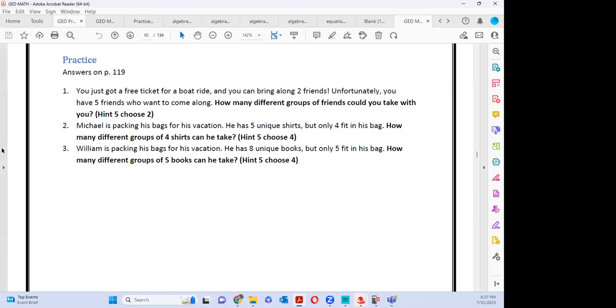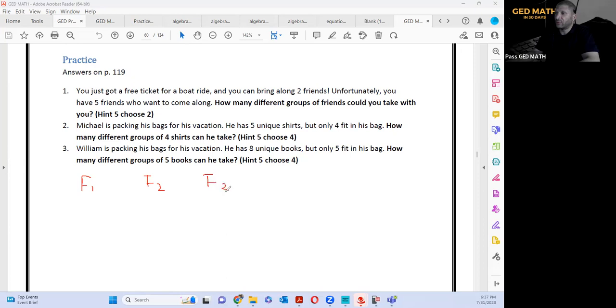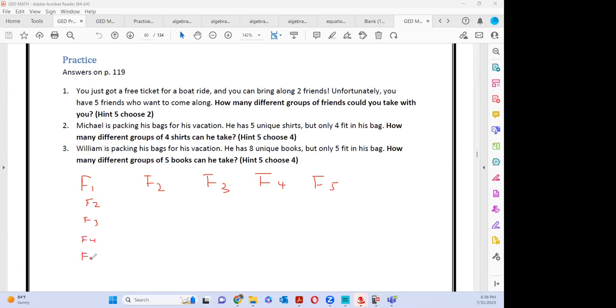So let me show you by hand. You got friend 1, friend 2, friend 3, friend 4, friend 5. If you bring friend 1, you could also bring friend 2, or friend 3, or friend 4, or friend 5.